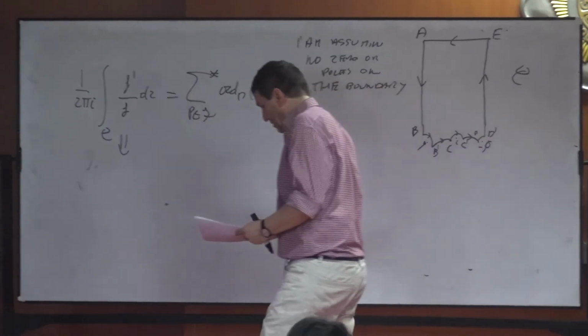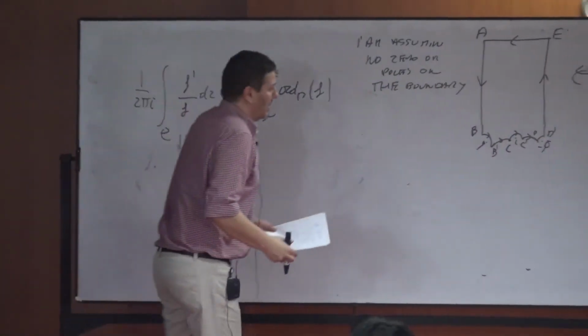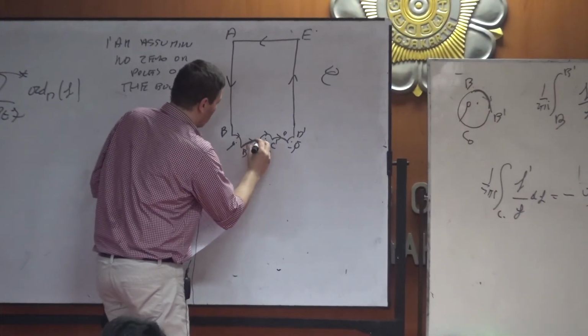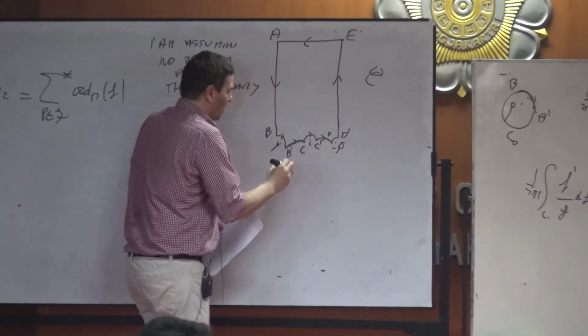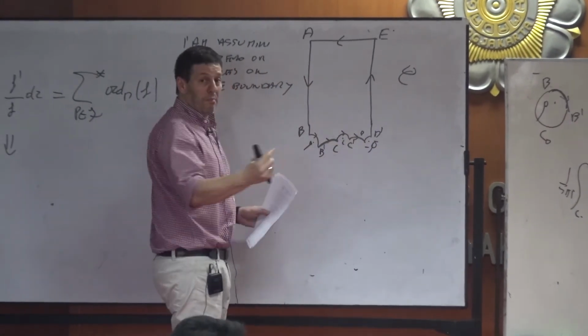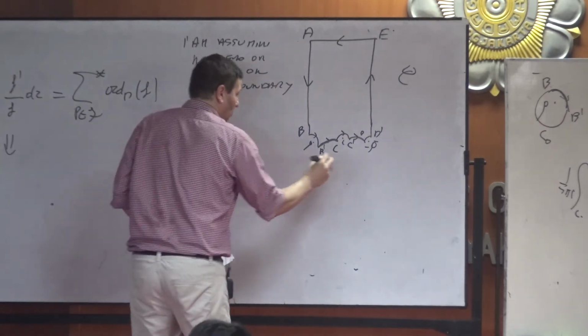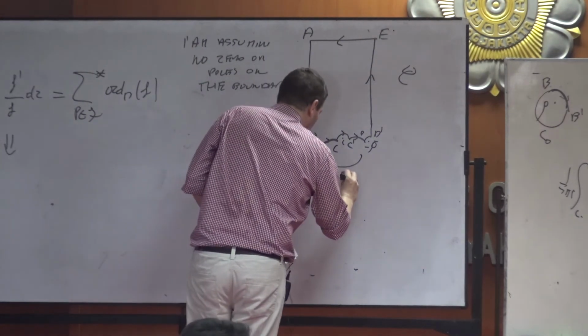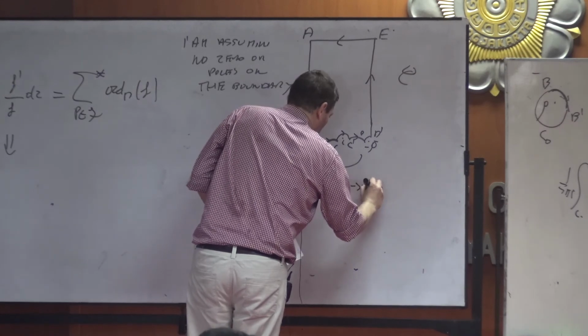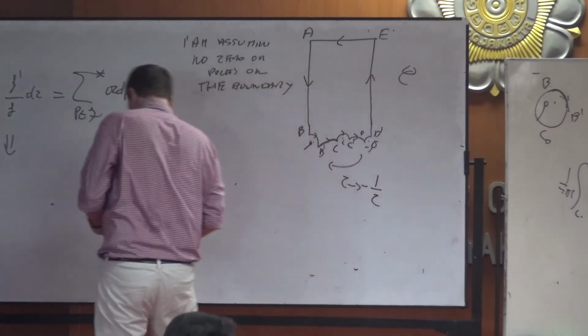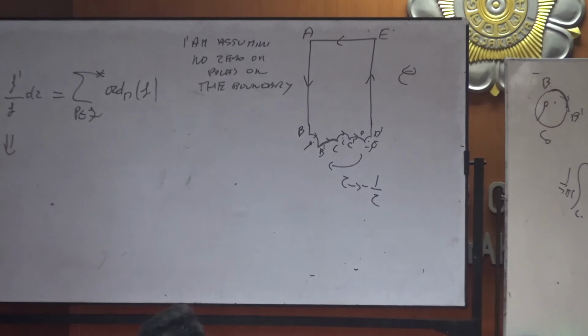Here you have to use the relation between this part and this part. You can move from one to the other by applying S. So you move from here to here by tau goes to minus 1 over tau, and we know that f of S of tau is equal to tau to the 2k f of tau.